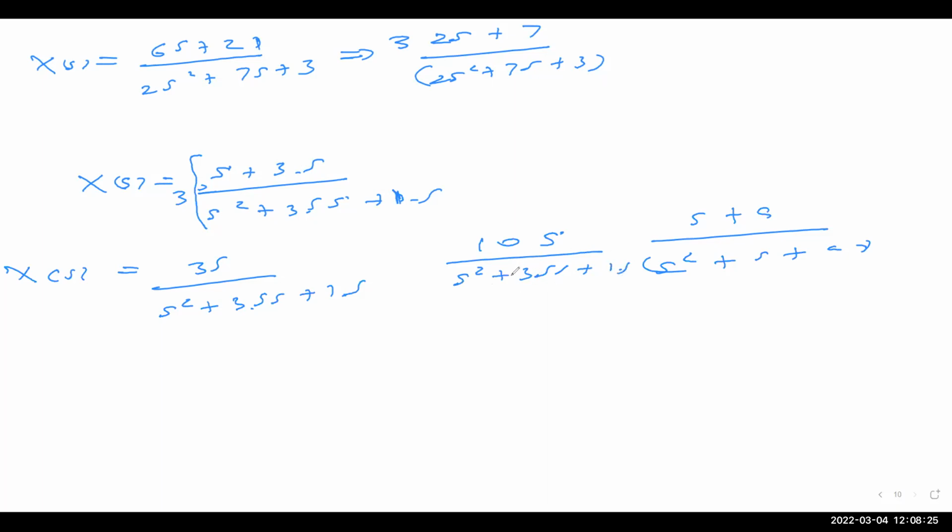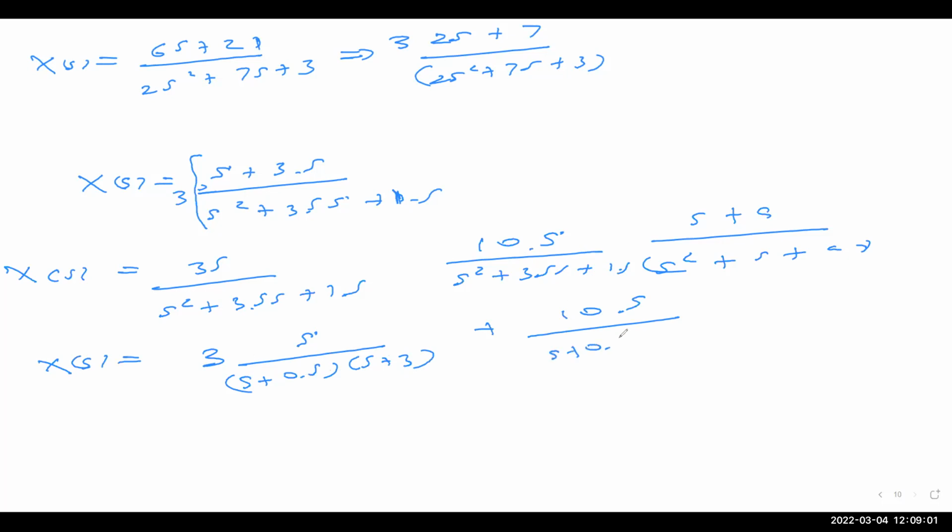If we find the roots, you will see that the roots of this are minus 0.5 and minus 3. So I can write the X part as 3s over s plus 0.5 and s plus 3. And this part we can write as 10.5 divided by s plus 0.5 and s plus 3.